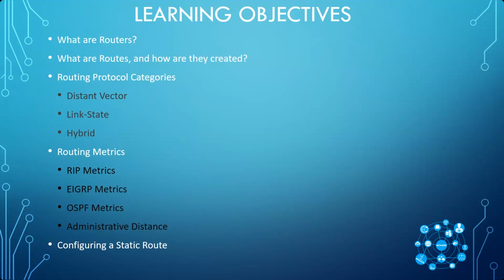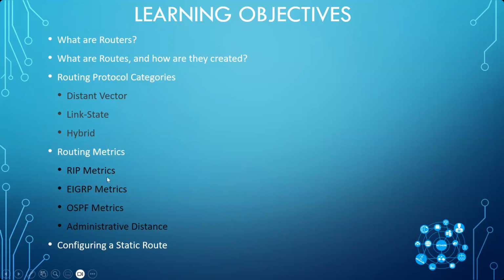And then we're going to talk about a very special metric that only really comes into play when we start comparing these routing protocols to each other. Because when we compare a RIP route with another RIP route, well, we're going to use its metrics. But what happens when we need to compare a RIP route to an OSPF route?